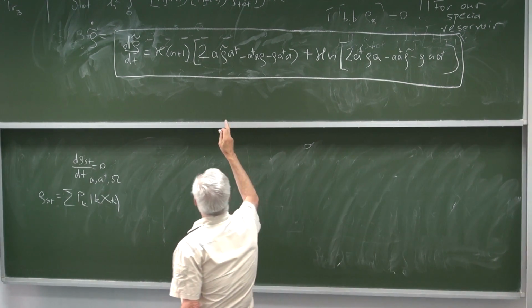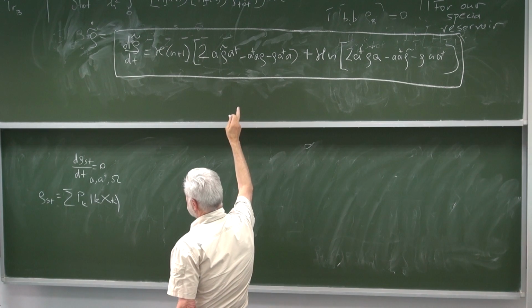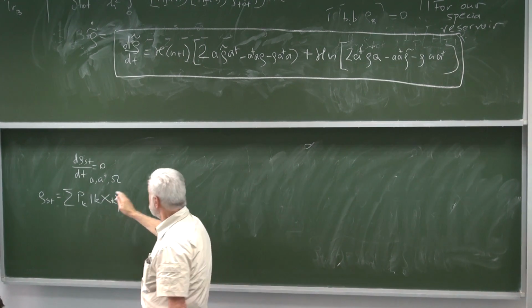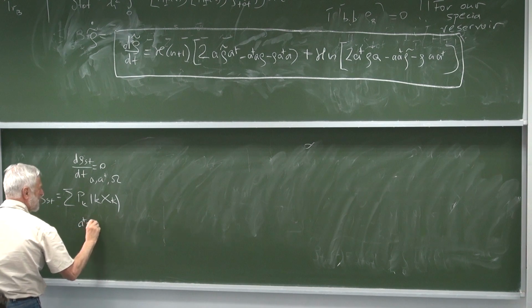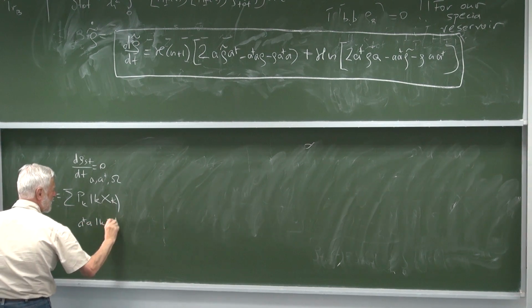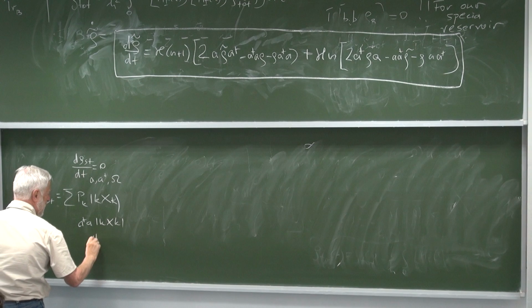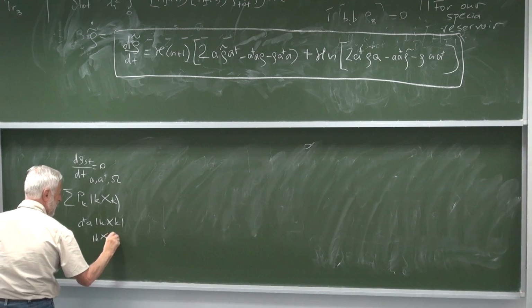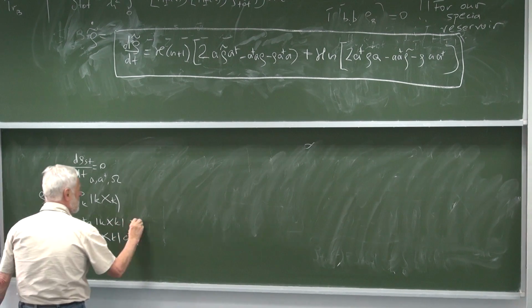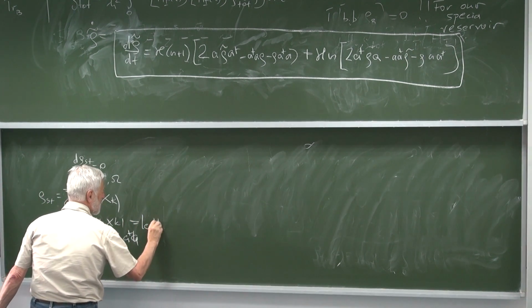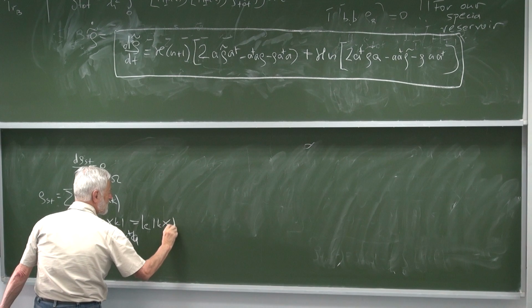Easy is when I have a dagger a acting on this fellow, because whenever a dagger a acts on this, or acts on this side, then I get simply k times the same operator.